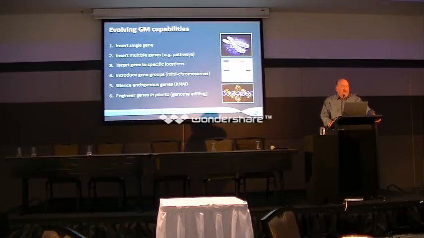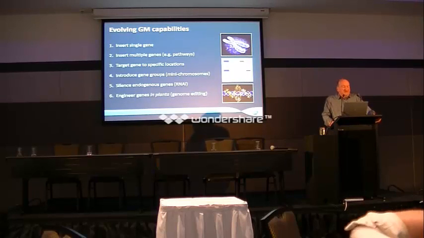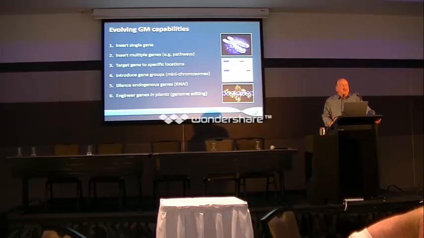Now, there's been quite an evolution in gene technologies over the last decade or so, and I've listed there some of the capabilities. We can insert a single gene into a chromosome of the crop plant, say Roundup resistance, Bt insect resistance. It's possible to insert multiple genes, and I'll give you an example with the DHA synthesis, where we can introduce a whole pathway, 6 or 7 genes.